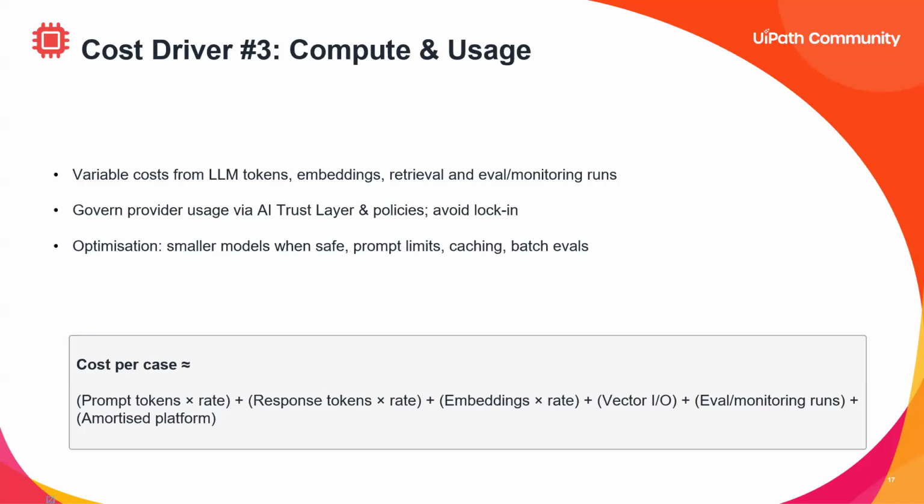And if you see here, the cost package formula, which breaks down these elements. It's not just about the core platform. It's about the intelligent process happening under the hood. So understanding this is very critical for forecasting or managing our automation budget effectively. Next.